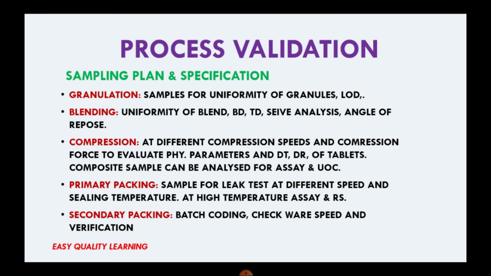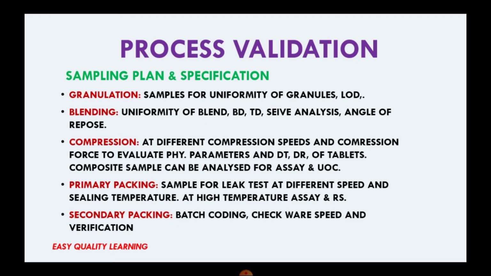Then compression. In compression, it is expected that we should take the samples at different compression speeds and different compression forces, to evaluate physical parameters and DT and DR of tablets. A composite sample can be taken from compression, and this can be analyzed for assay and uniformity of content.